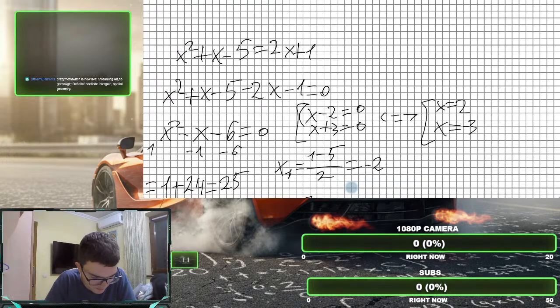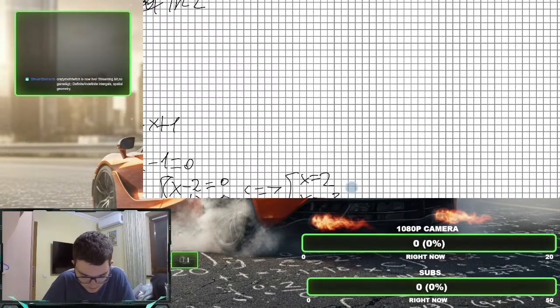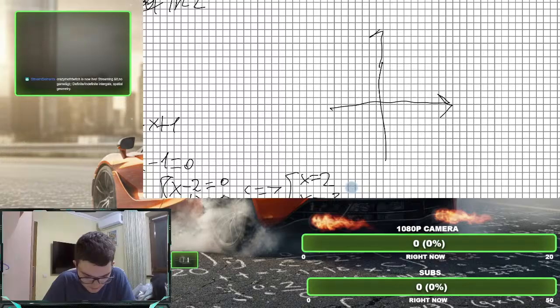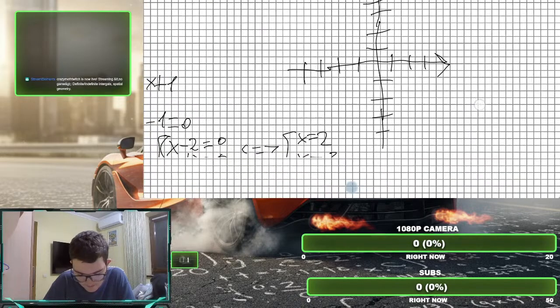So yeah, I've got this, and I just do the system of coordinates and write it down. It's like my system.